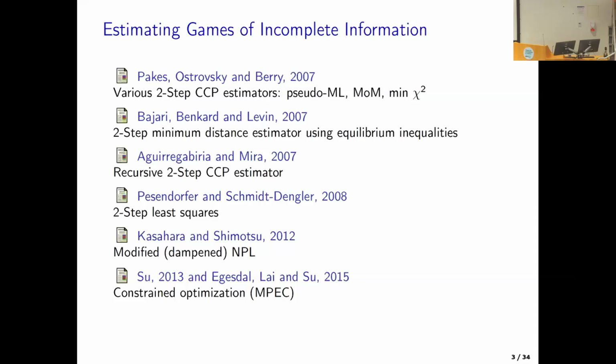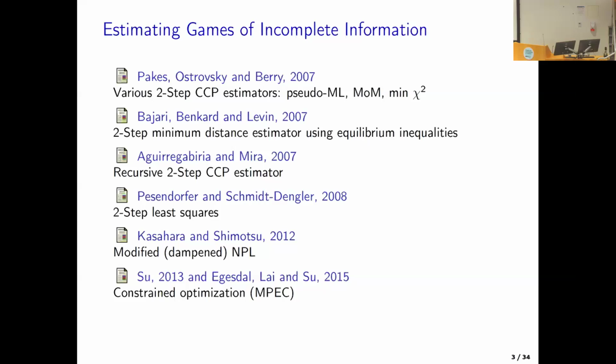Even someone at the conference did OLS, right? So that's kind of the guiding theme for most of these two-step estimators. You go out and estimate the CCPs, use the Bellman equations and Bayesian-Nash equilibrium equations to invert the problem, and so we can learn about the structural parameters.